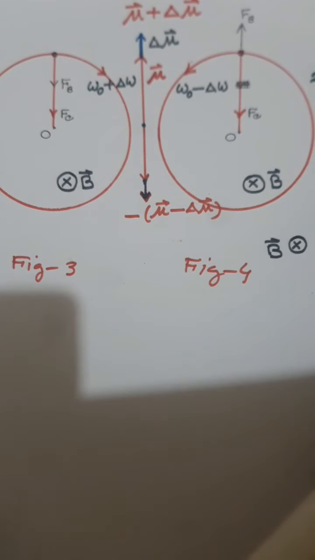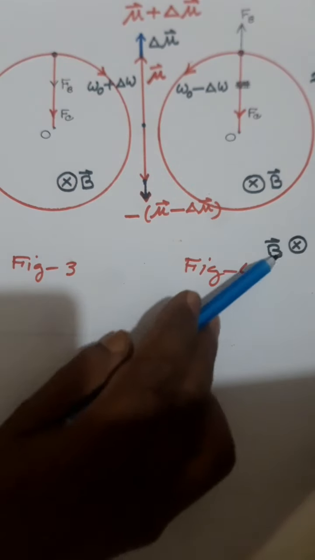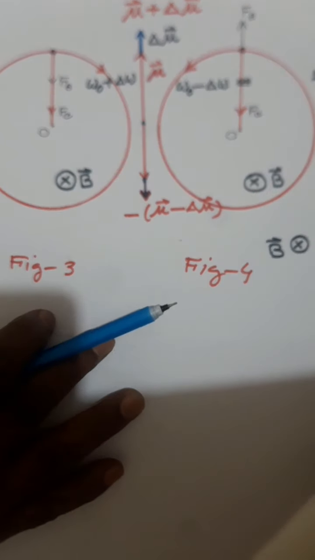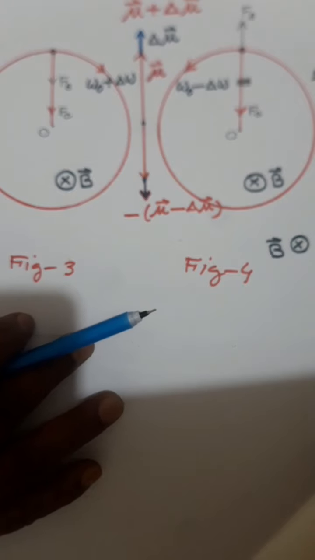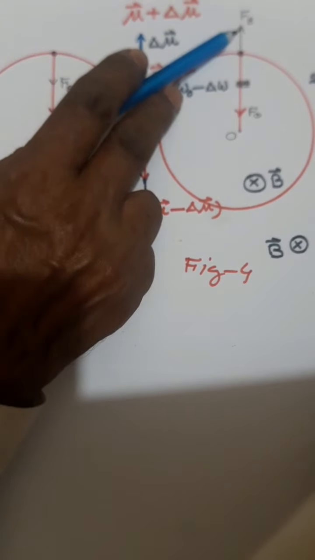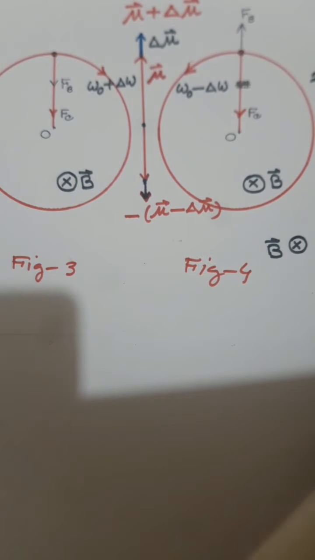When a magnetic field B is applied vertically downward into the page, two magnetic forces Fb and Fb act on the electrons.